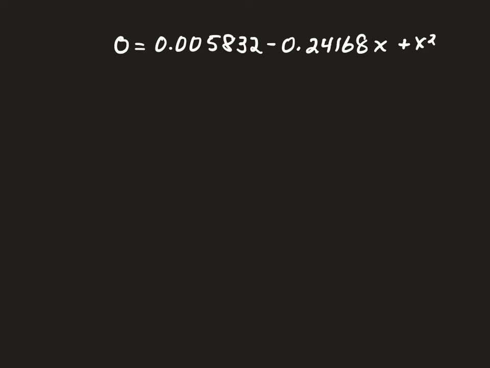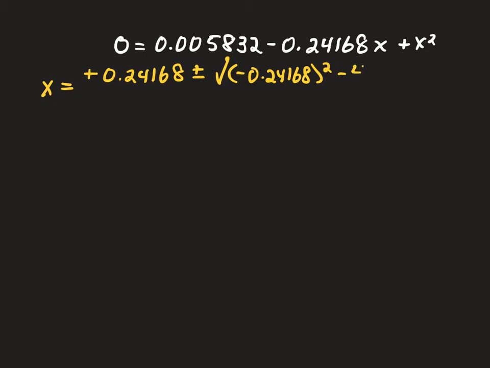see if I can get this on here just to walk us through the quadratic again. So x is equal to plus, right, the negative of b, so 0.24168 plus or minus the square root of negative 0.24168 squared minus 4.